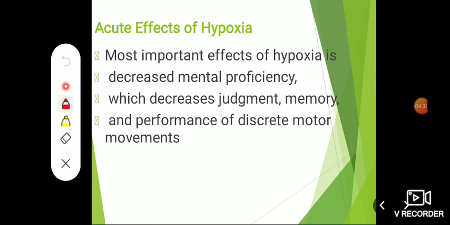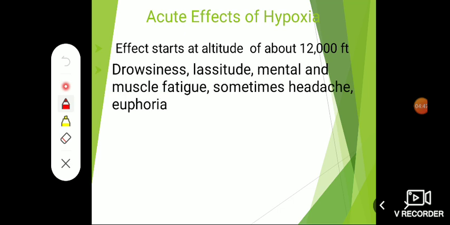So these are the immediate effects of hypoxia which are elicitable. The effects basically start at an altitude of around 12,000 feet. Initial symptoms of hypoxia are drowsiness, lassitude, mental and muscle fatigue, and sometimes headache and euphoria.